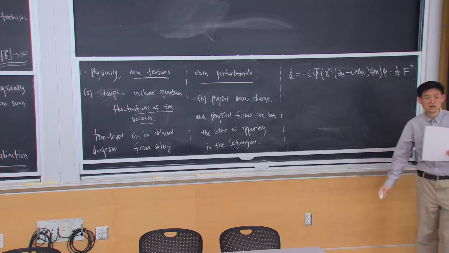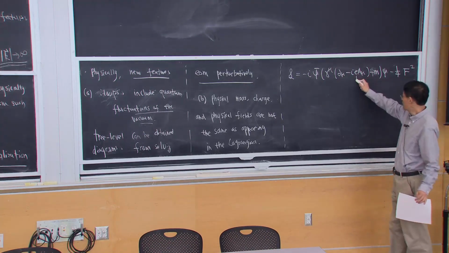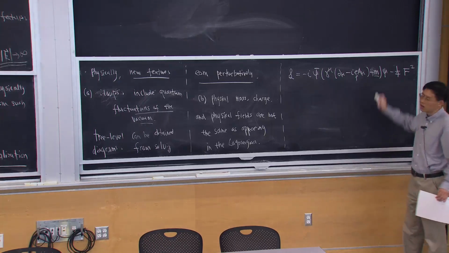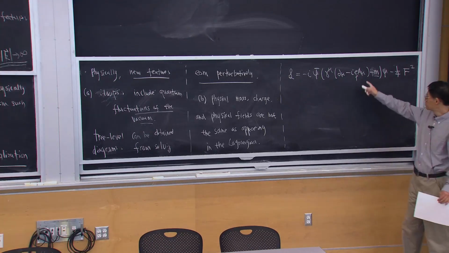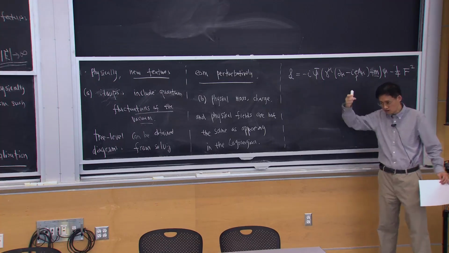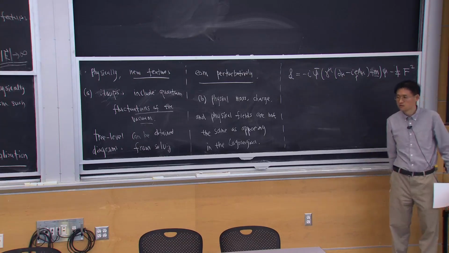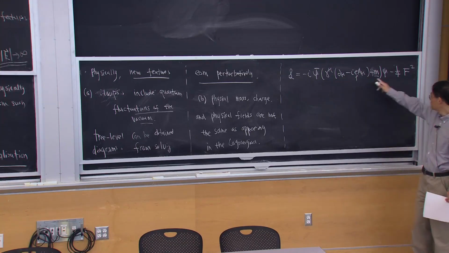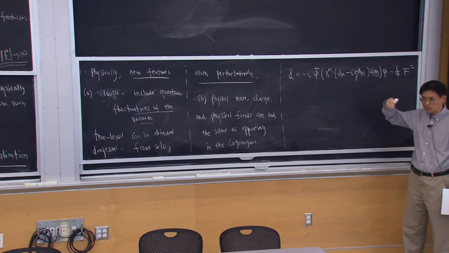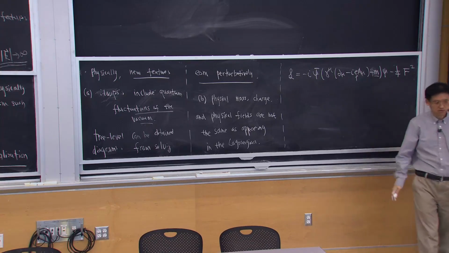We say that e is the charge of the electron, m is the mass of the electron, and psi denotes the electron field, meaning that when you act it on the vacuum, you can create the electron or anti-electron. Similarly, A_mu is massless, and when it acts on the vacuum, you can create the photon.